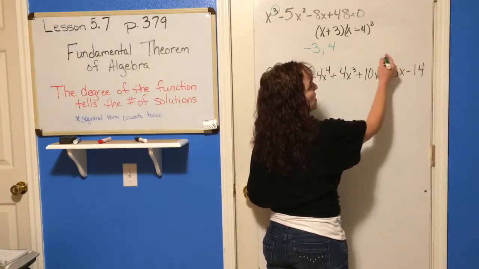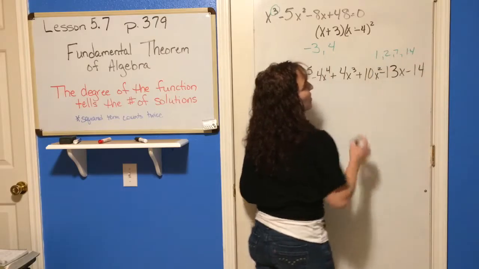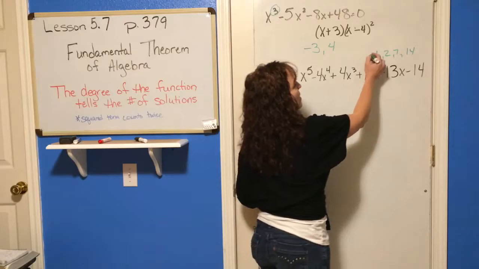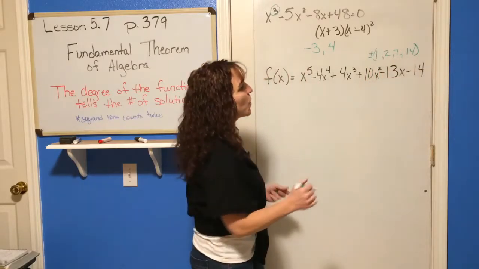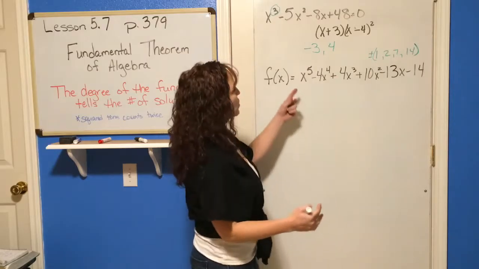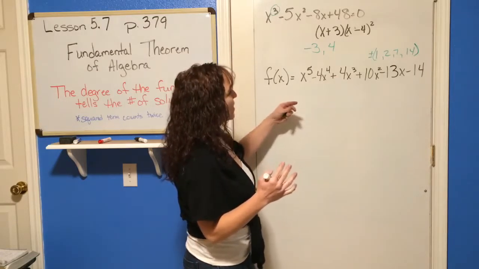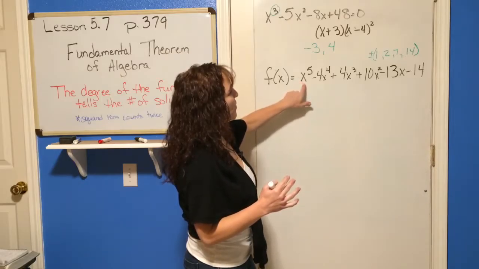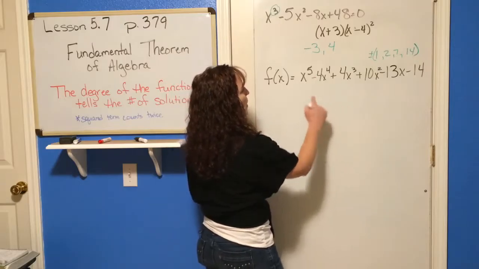The factors of 14 are 1 and 14, 2 and 7, and that's it. So we have the possibility of plus or minus any of these. So we have 8 possible answers, and remember, we can double them also if one of them is squared. So we need 5. All right, so let's see what those are.